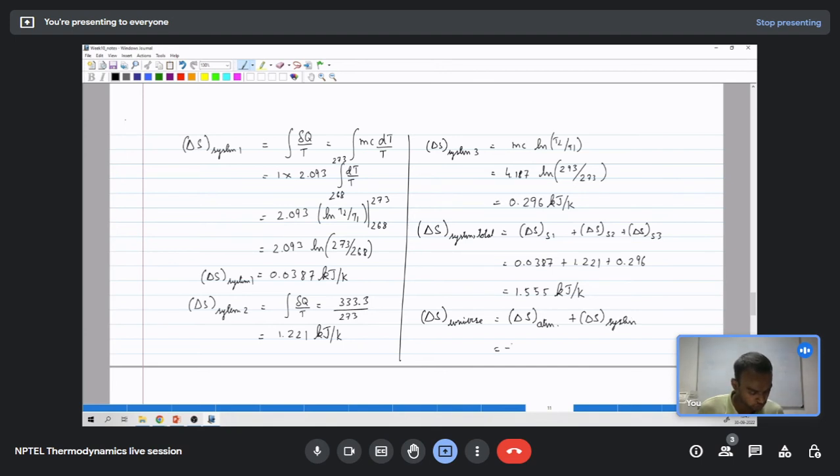So this is minus 1.459 plus 1.555. So this is 0.096 kilojoule per Kelvin. So this is the entropy increase of the universe in the process.